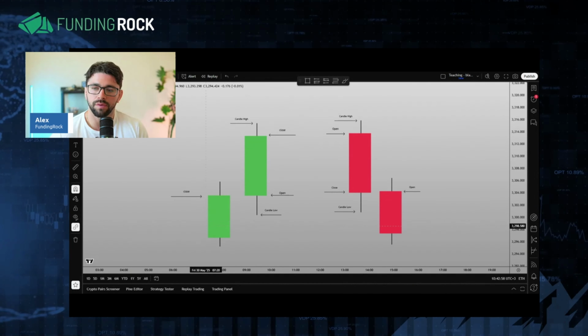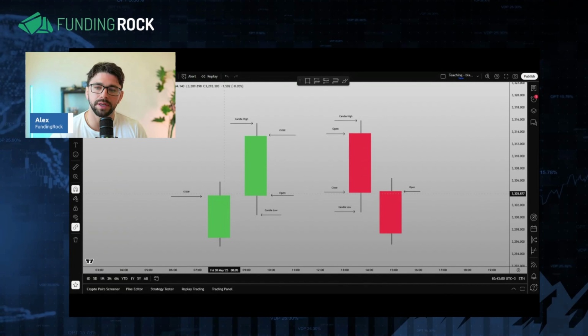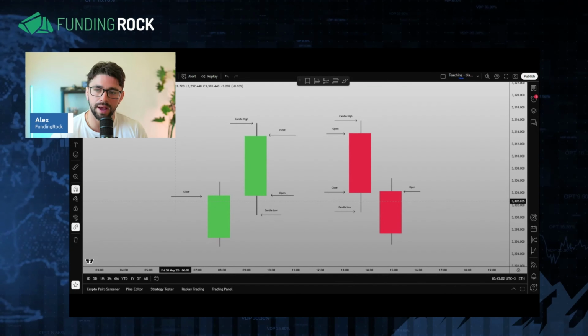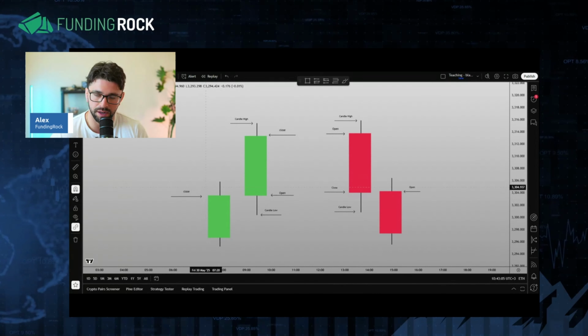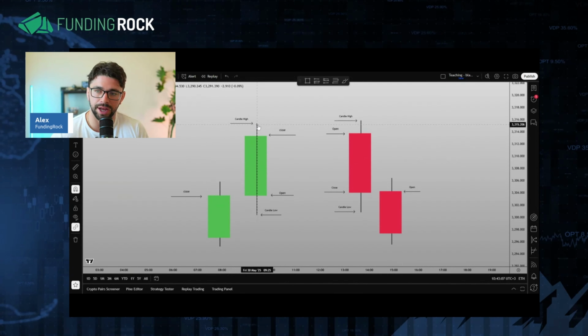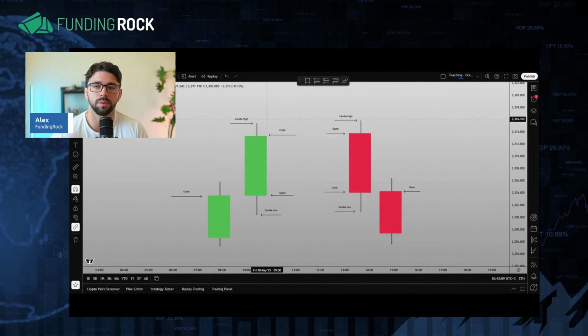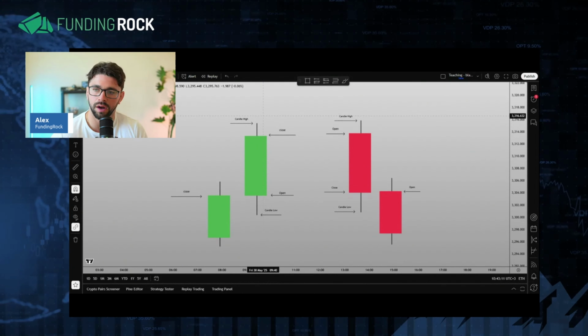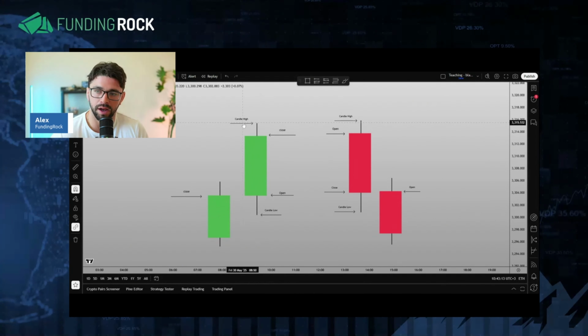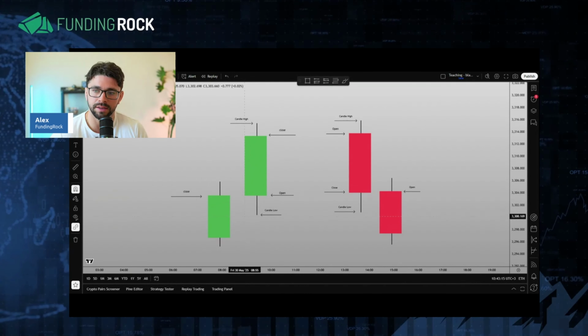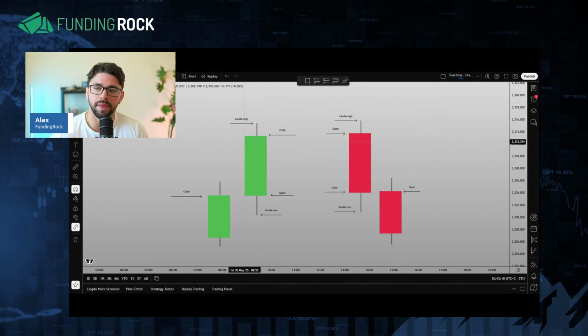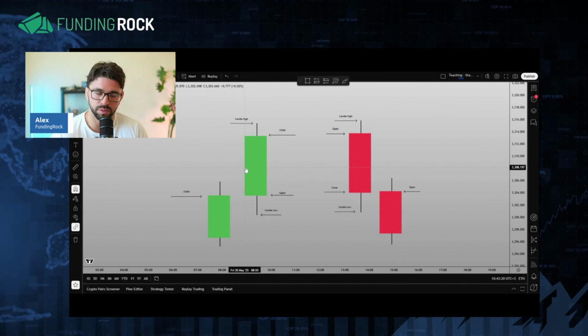So first of all, how a Japanese candlestick actually works. You have a few different things that we need to highlight. You have a shadow, which is what somebody would call a wick. Those are the lines at the highs and the lows of a candle. And then you have the bodies of the candles as well.